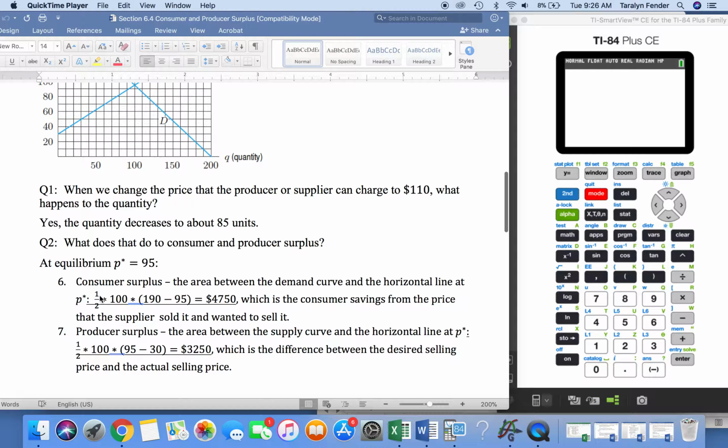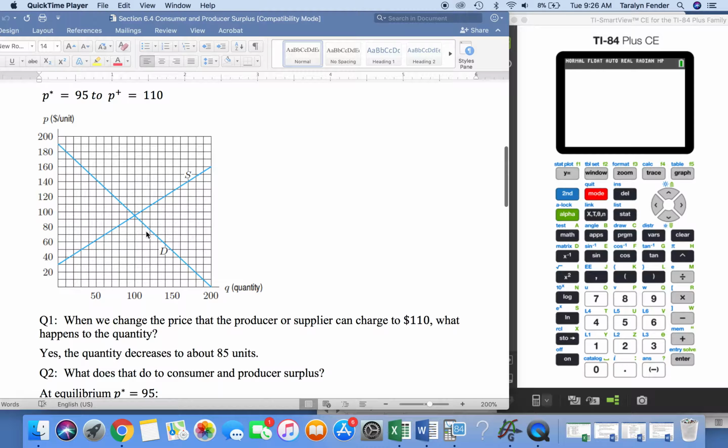What does that do to consumer and producer surplus? At equilibrium, we have 1/2 times 100. 100 is our quantity, or our distance also, times 190 minus 95.